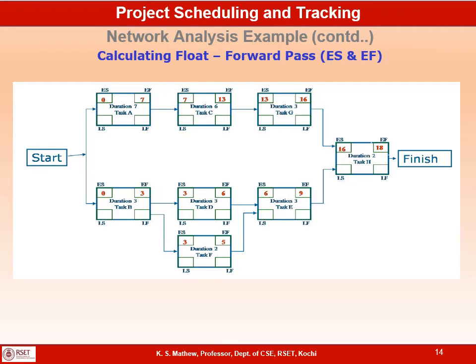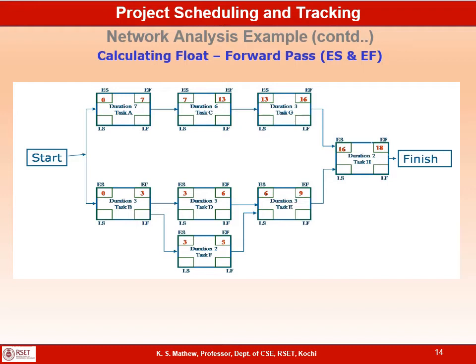So the early finish of C is 13, and task G depends on C. So the early start of G will be equal to the early finish of C, that is 13, and task G duration is 3. So the early finish of G is 16.